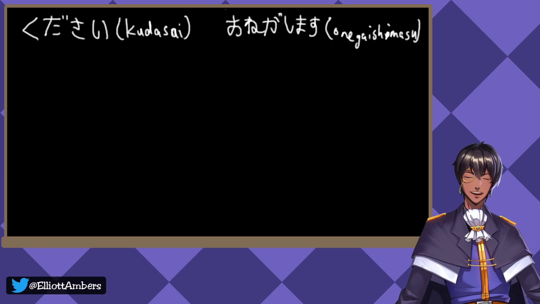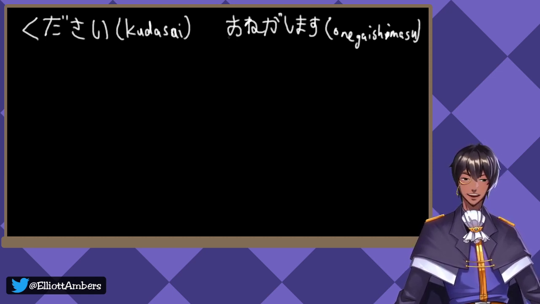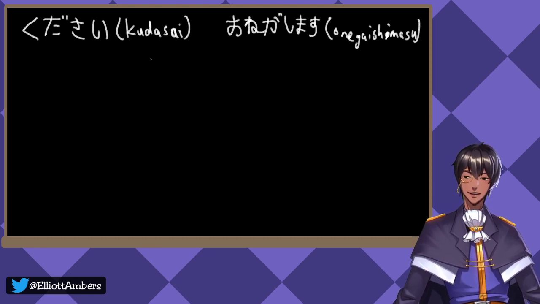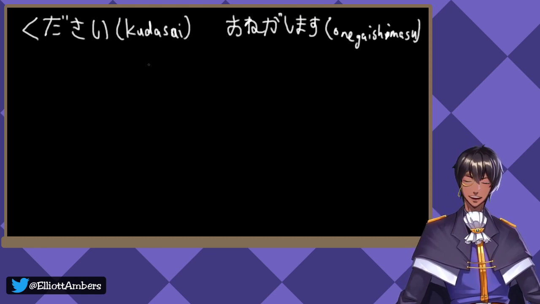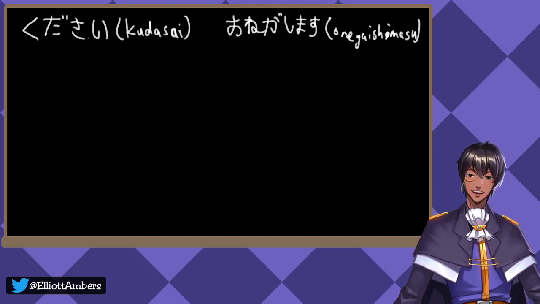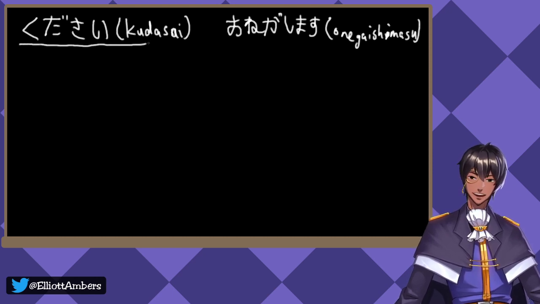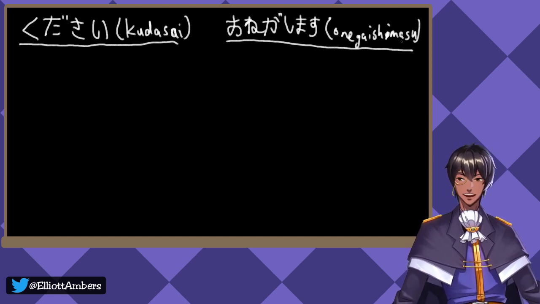And normally, this would be in a situation where I would write out the kanji, but I feel like it's really common where you see it written out as the hiragana. There's a lot of words that do have kanji, but end up more often than not getting written out in their hiragana instead. So for those kinds of situations, I usually want to stick with the reading that you'd be seeing more often. So Kudasai and Onegai shimasu. These are both requests. They're both ways to ask please.